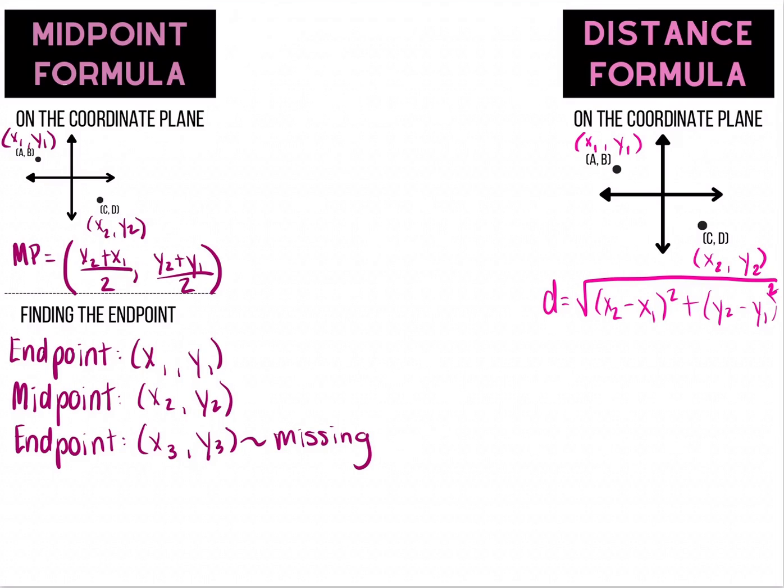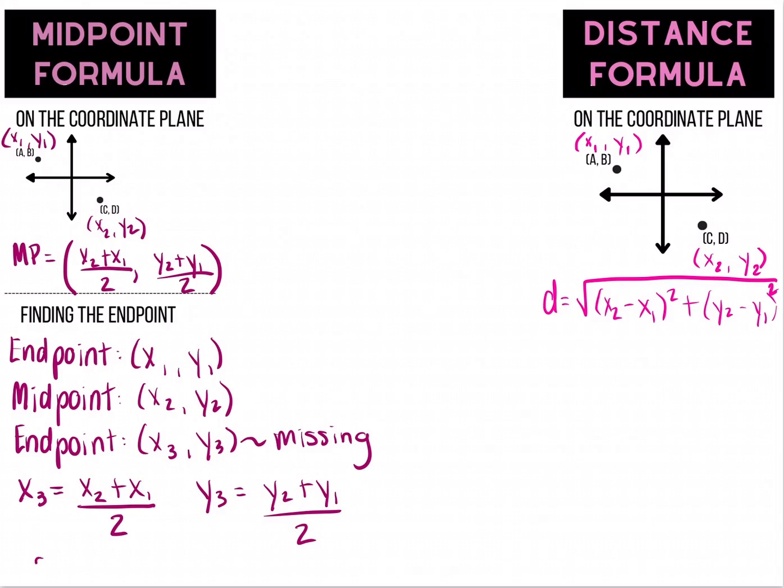Then what you would do is you'd set it up as x3 equals (x2 plus x1) divided by 2, and y3 is equal to (y2 plus y1) divided by 2.